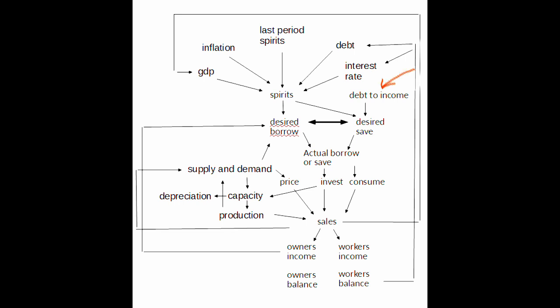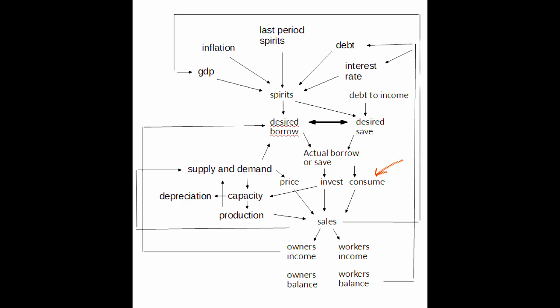The debt to income ratio of people also determines the amount that they would like to save this period, if any. So we've now got two things: the desired amount they'd like to borrow on the one hand and the desired amount they'd like to save on the other. That gives us the actual amount they're going to borrow or save in this period, and that amount is then added to last period's income to give the spendable amount, which is divided for owners between investment spend and consumption spend.